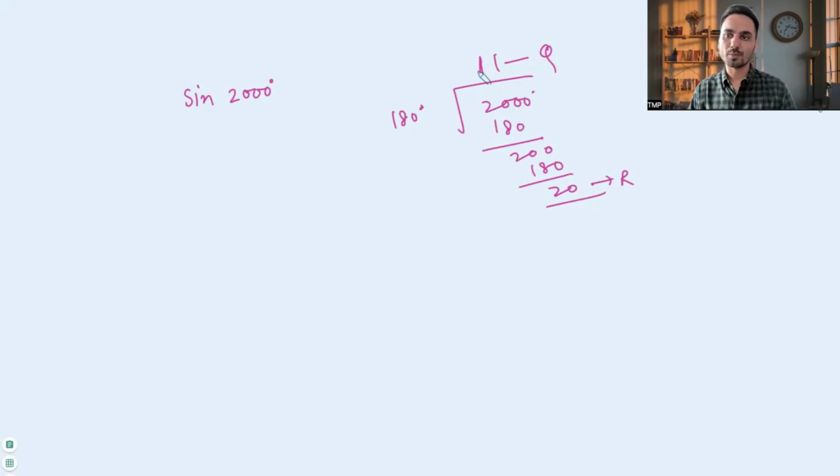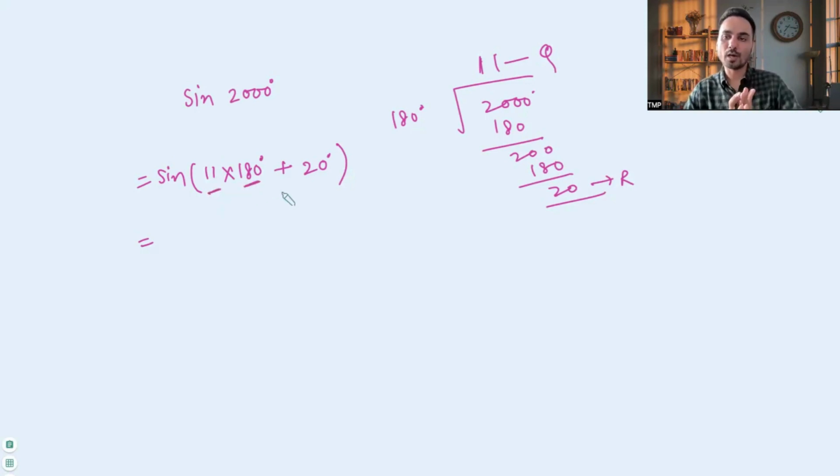If we divide 2000 by 180 degrees, we will get 11 as the quotient and 20 as the remainder. So sine 2000 can be written as sine 11 times 180 degrees plus 20 degrees. So here we have something as n pi plus theta.